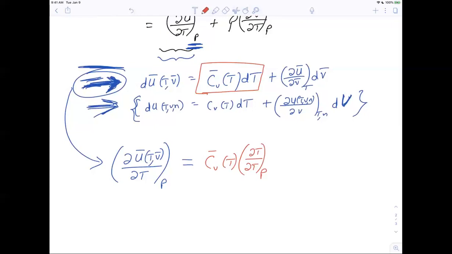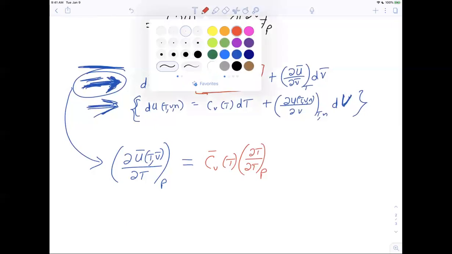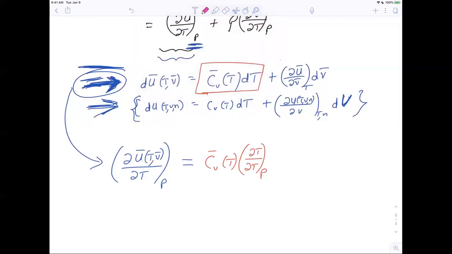Okay, so now we have the second term here. In these total differentials, whatever comes before the term like dT or dv bar, we can always treat as a constant because it's a rate of change under a certain condition.